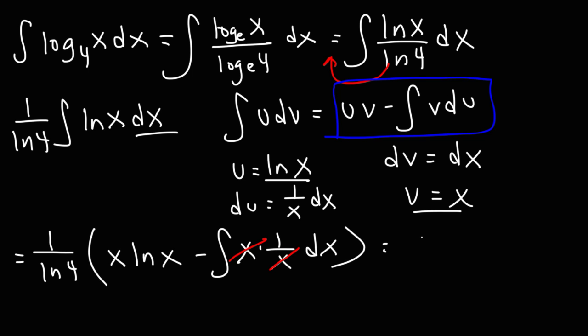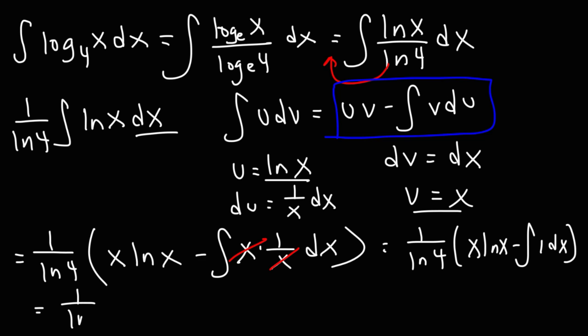So this becomes 1 over ln 4, x ln x, minus the integral of 1 dx. The integral of 1 dx is just x. So we get 1 over ln 4, and then x ln x minus x, and then the constant of integration.